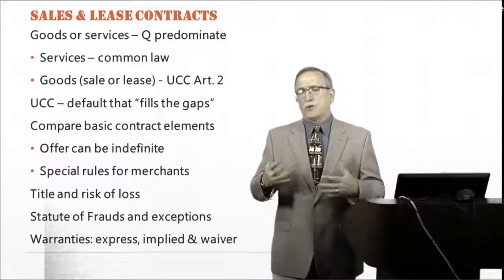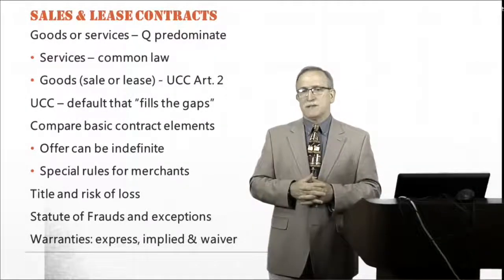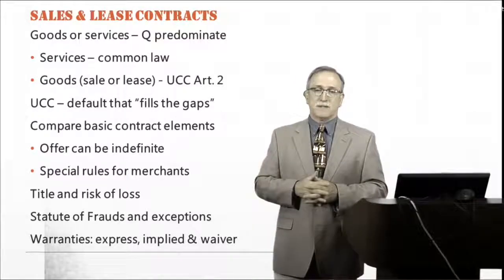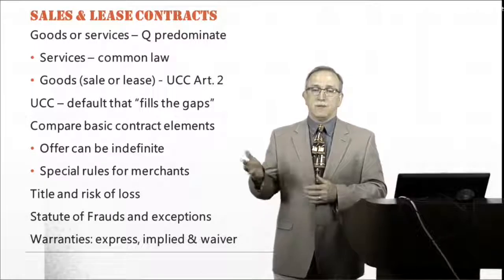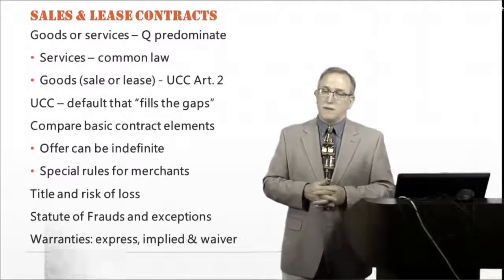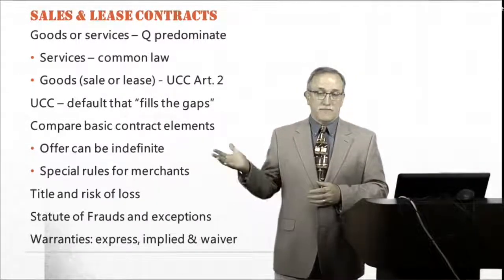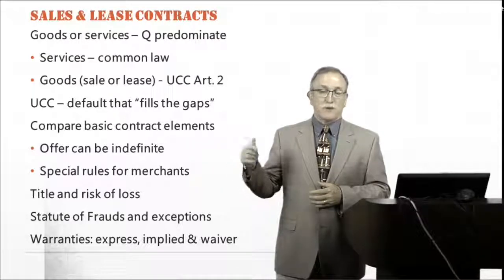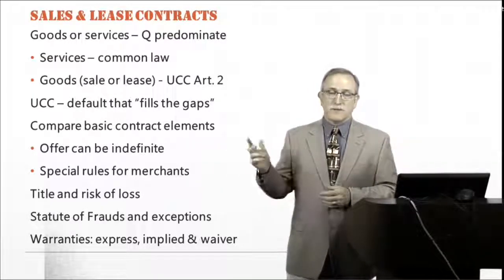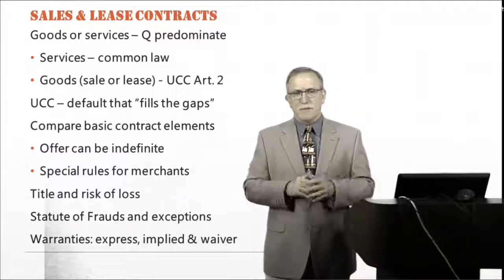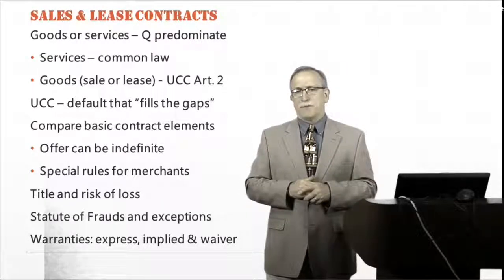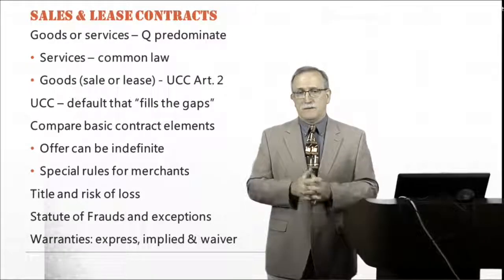But if you order goods, just realize the default under UCC Article 2 is that it's a shipment contract, and the buyer is going to be responsible for the risk of loss. If you're smart and you write the contract, you could make it a destination contract, where the seller is going to be responsible. You'll see there are certain remedies that are apropos depending on where the goods are.